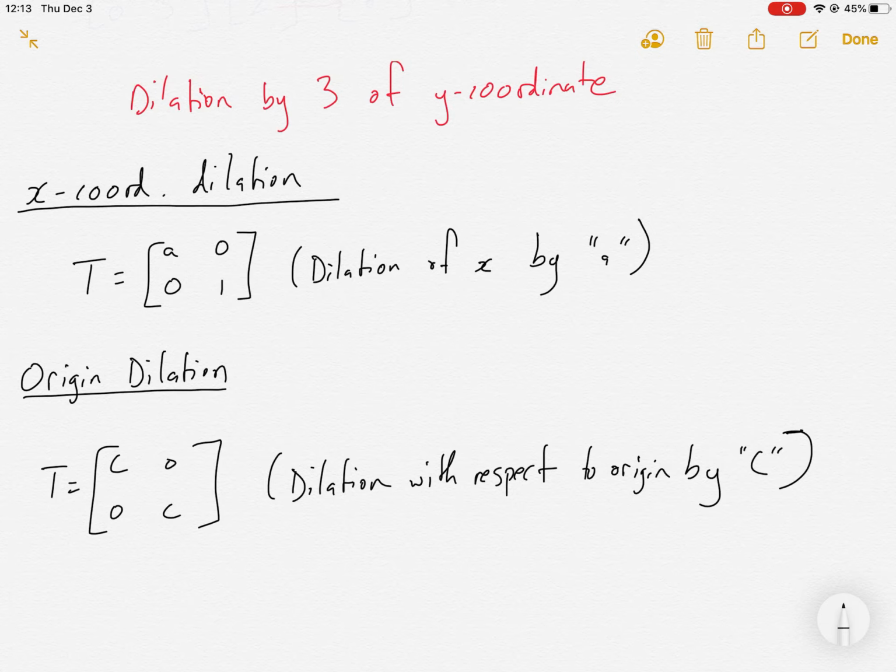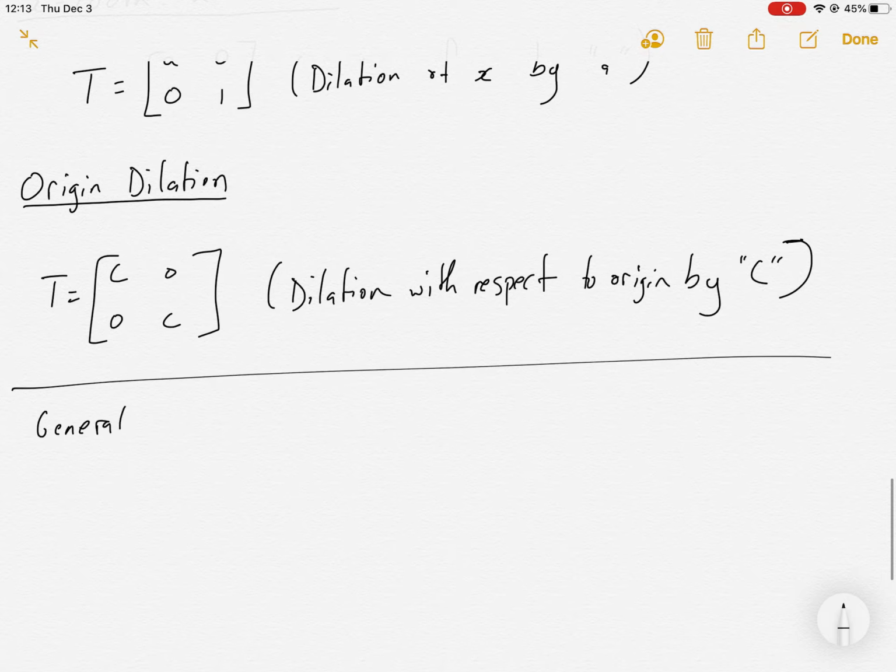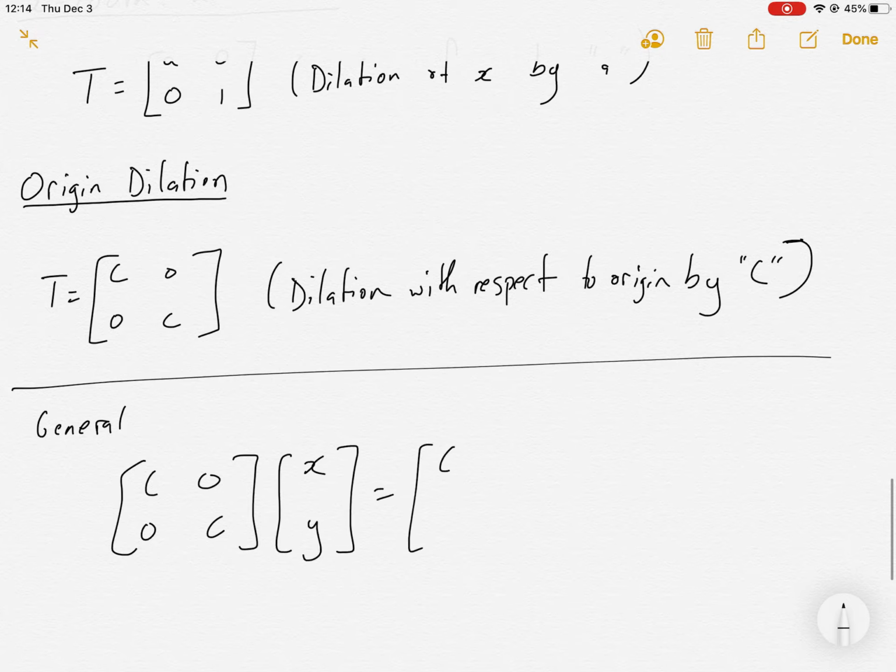Because now both x and y will change by c. So you could take a look at this. In general, you could take c, 0, 0, c, and if you multiply that by some coordinate (x, y), you would see that you end up with c times x and c times y. So whatever that factor of c is, both x and y move that far away, c times x and c times y.